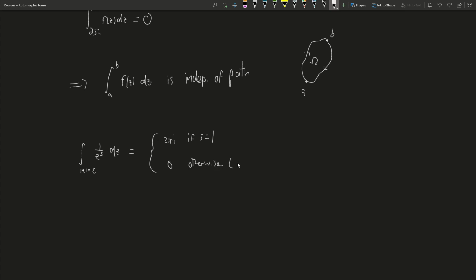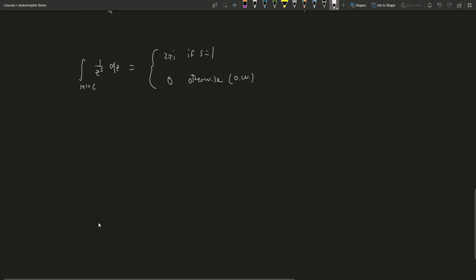And for otherwise in the future I'm going to write OW, because otherwise is a long word to write. And the proof of this is quite easy. You can just parameterize this contour, and this will pop right out. So what that means is that you can actually evaluate a lot of integrals around contours for meromorphic functions.